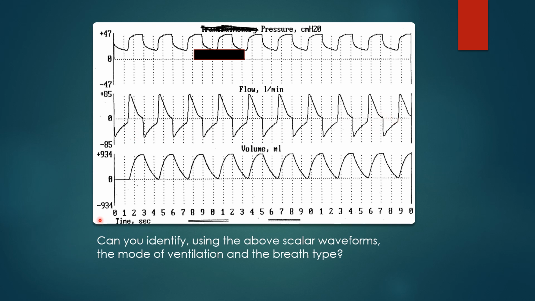Our tidal volume is around 900, and that's a pretty big tidal volume. But if we multiply our tidal volume times our respiratory rate, we get the patient's minute ventilation. So this is about 18 liters per minute, and that's a very large minute ventilation. You should try to figure out why your patient needs such a big minute ventilation.